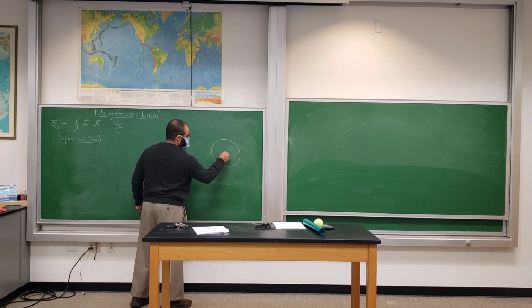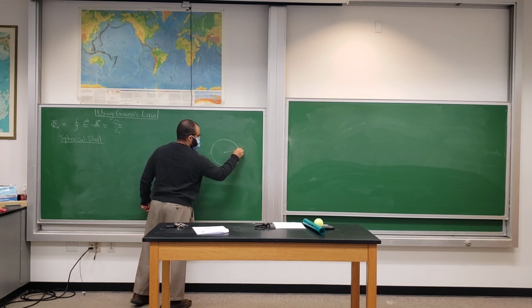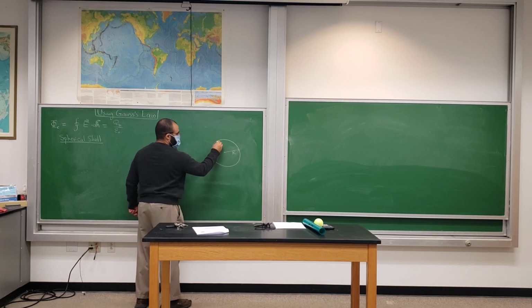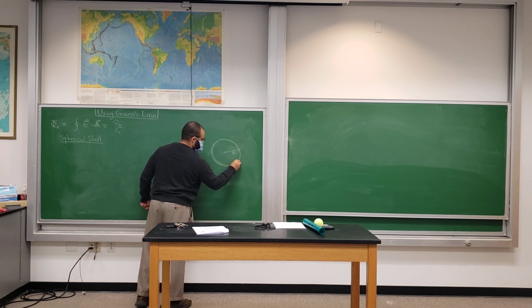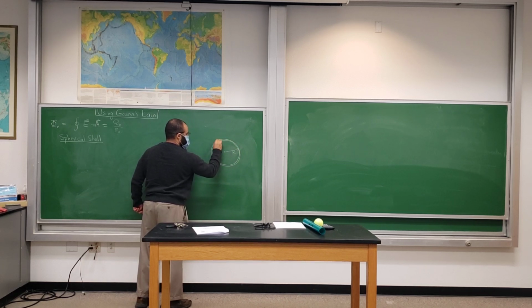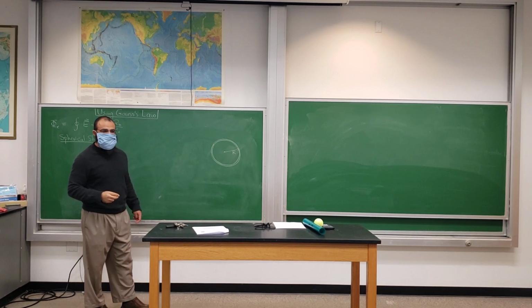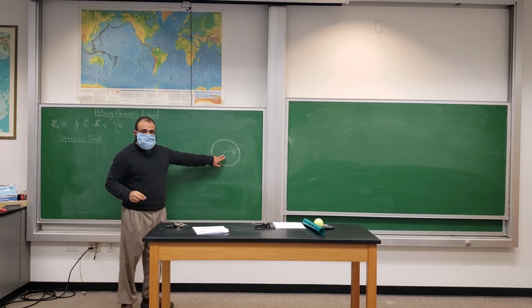So this is a spherical shell, and it has a radius R. In other words, the charge is just on the surface here. That's where the charge is. Is there anything inside?